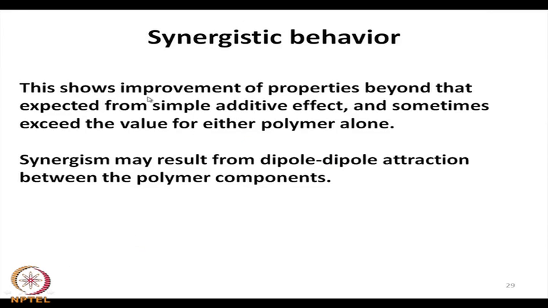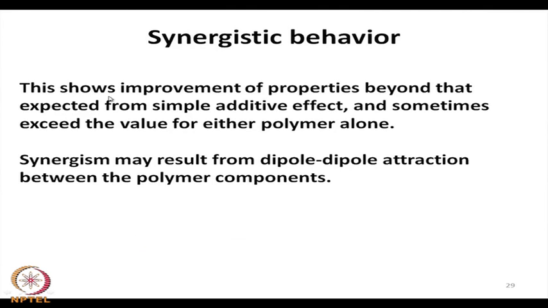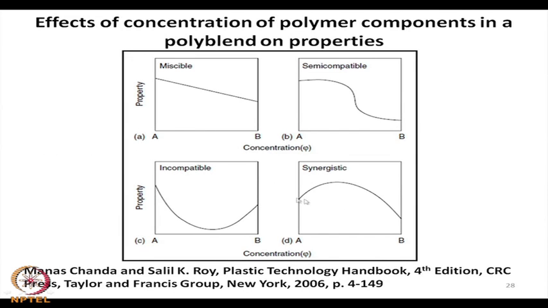Now, in the case of synergistic behavior, here you see the synergistic behavior, this shows improvement of properties beyond that expected from a simple additive effect. If you combine the properties of the individual polymers, that is the additive effect.